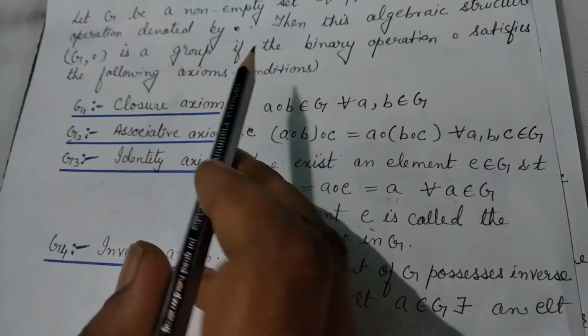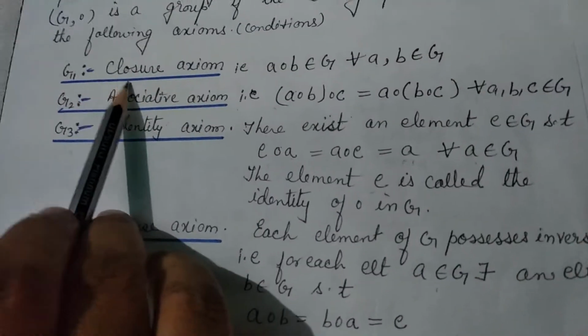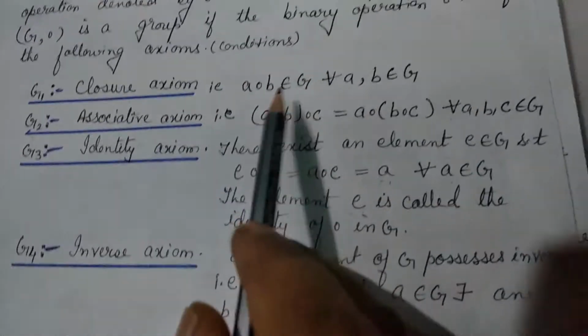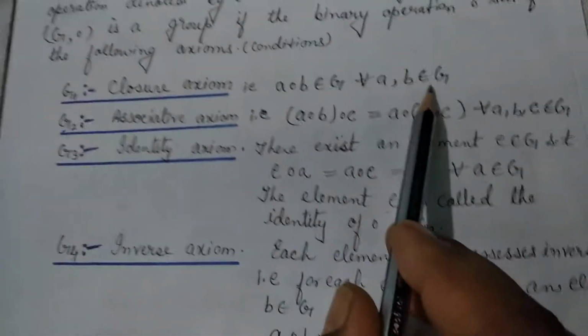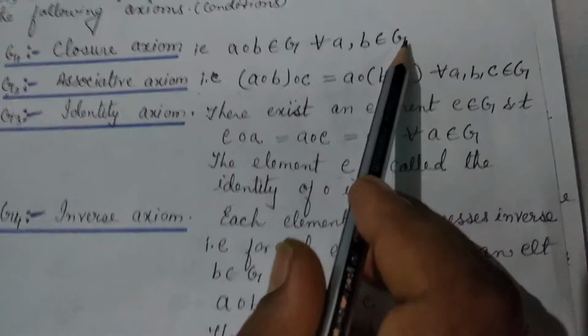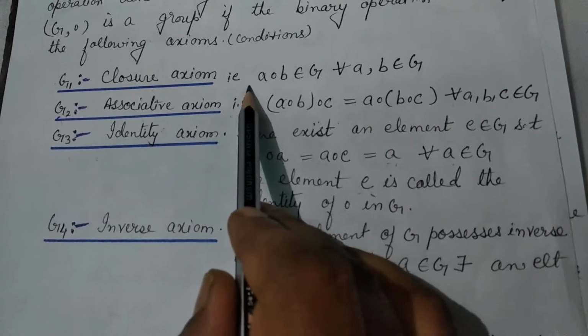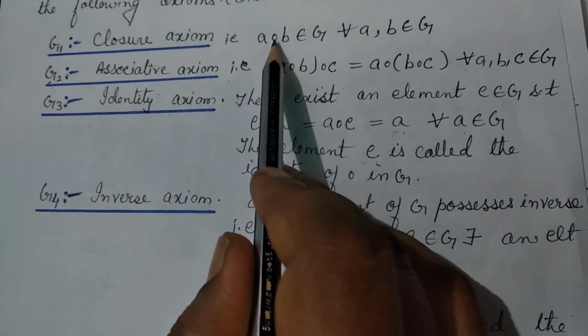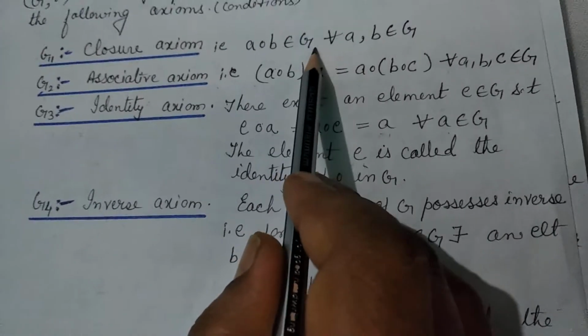So the first axiom is the closure axiom. For all a, b belonging to the set G, a o b belongs to G.